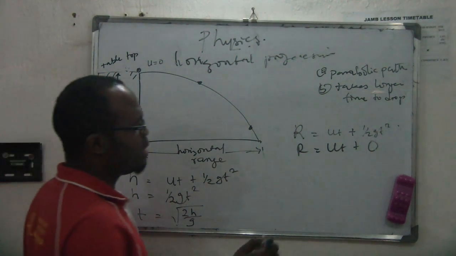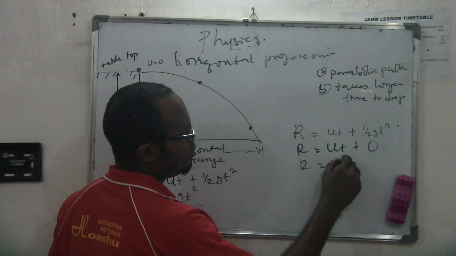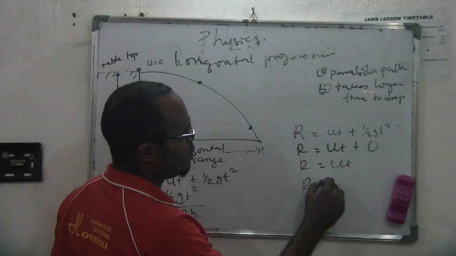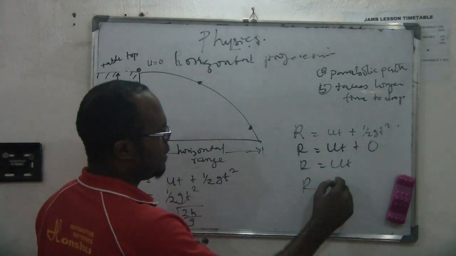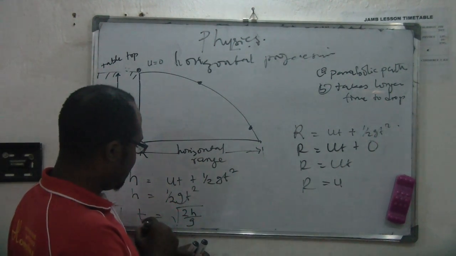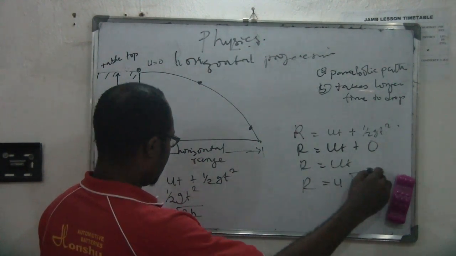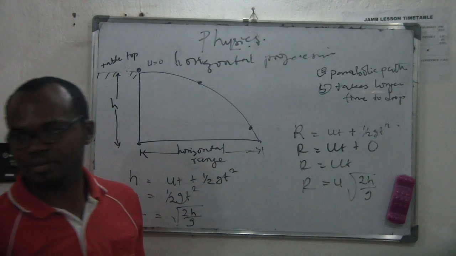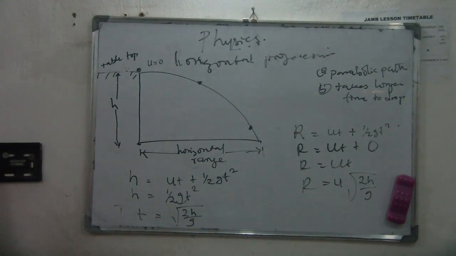So in any case, you can now say that R is equal to ut, isn't it? Now we can say that R is equal to, what is u? u is u. What is t? t is root 2h over g. Is that correct?